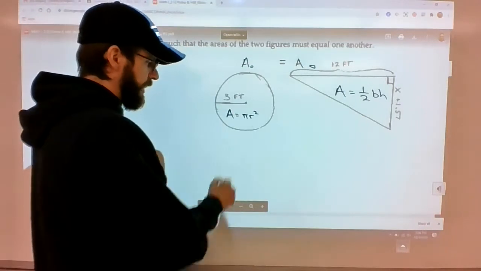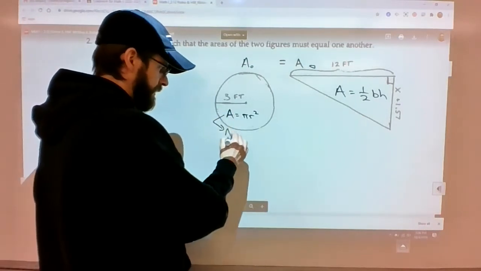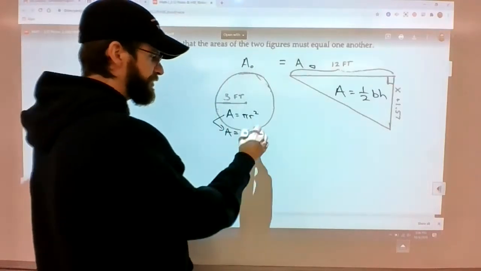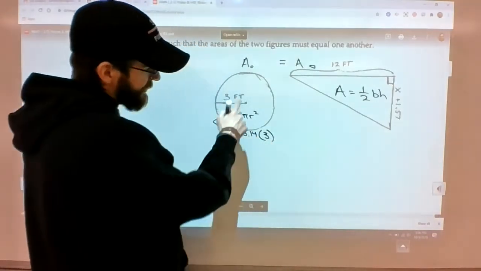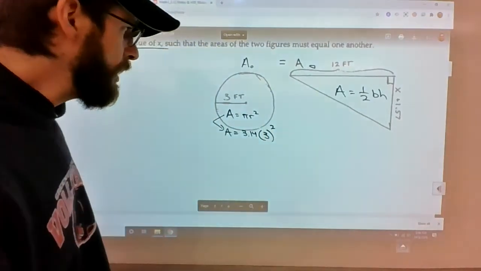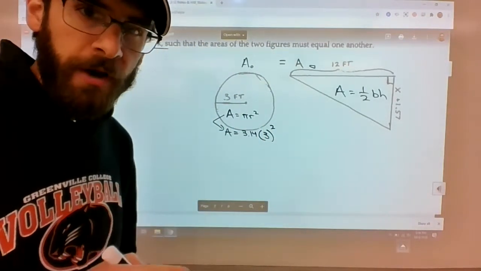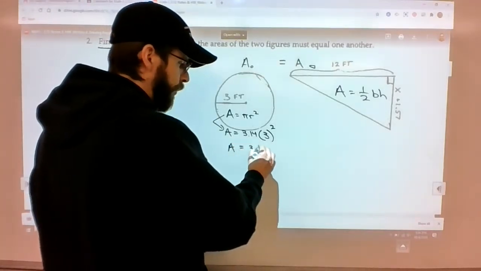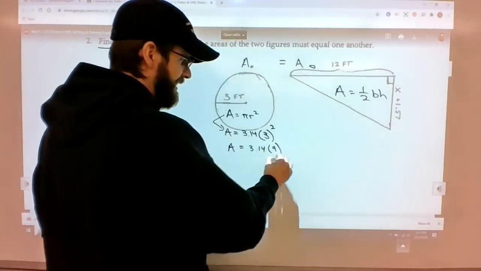So pi r squared. 3.14 is going to be our approximation. The r is 3. The units I'm just going to leave as they are. Order of operations says I have to square the 3 first. So that's going to be 3.14 times 9.